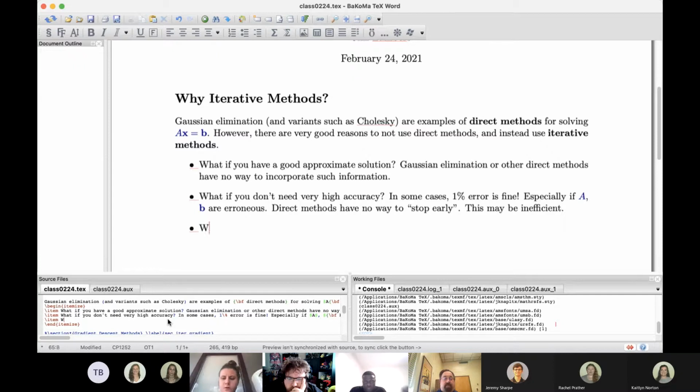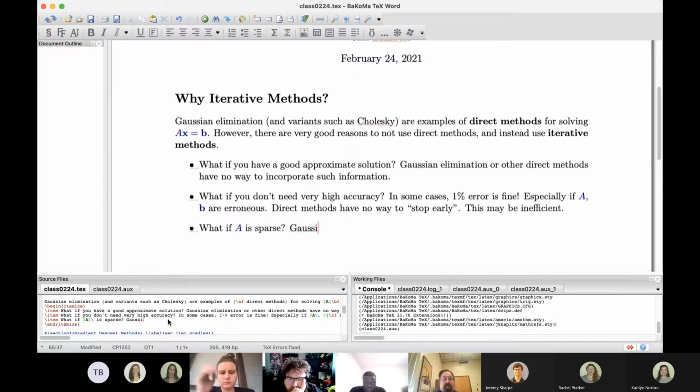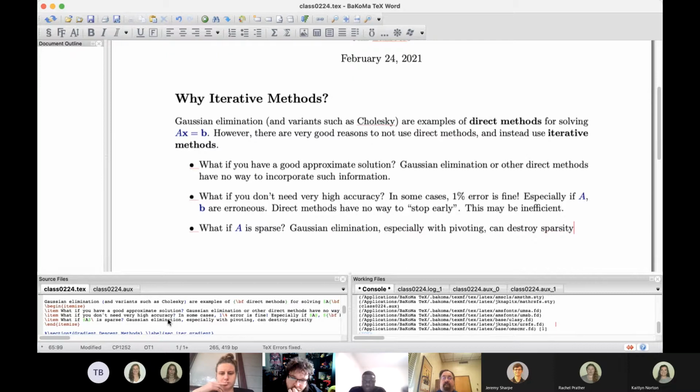Okay, third reason. What if a matrix is sparse? Now, we saw an example of this already with banded matrices, but there are other kinds of matrices that may not be banded, but they're sparse. They still have mostly zero entries. So Gaussian elimination, and especially with pivoting, can destroy sparsity.